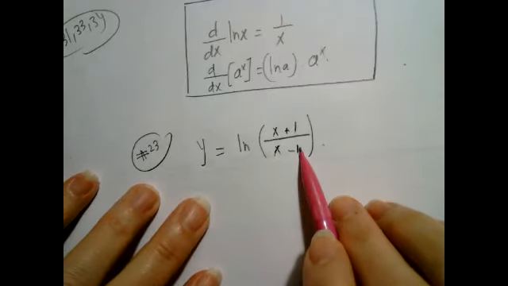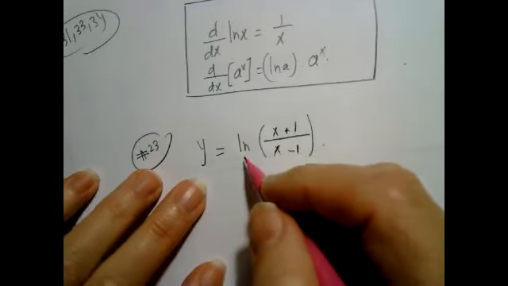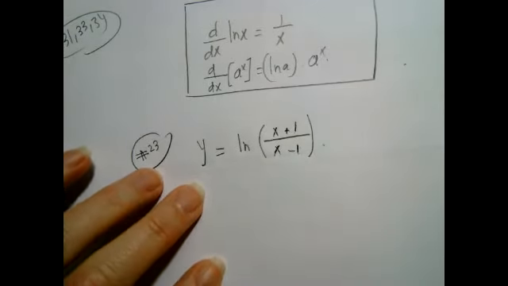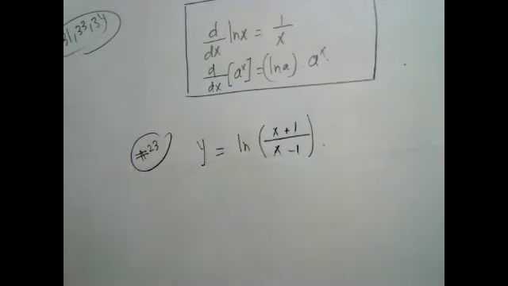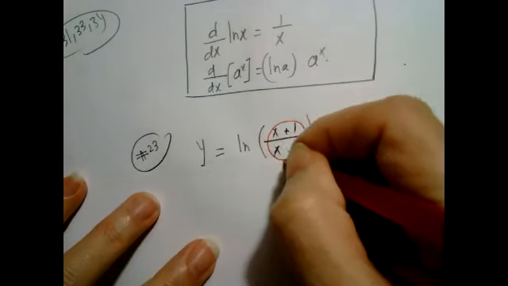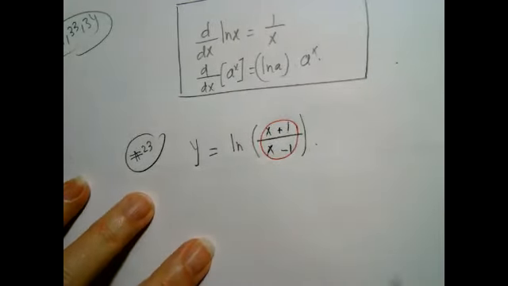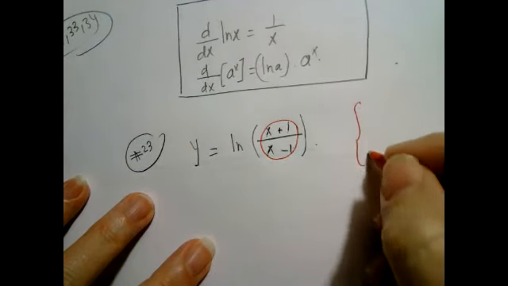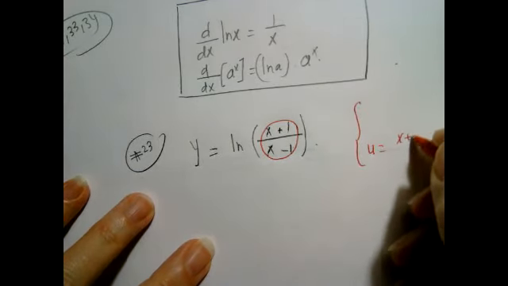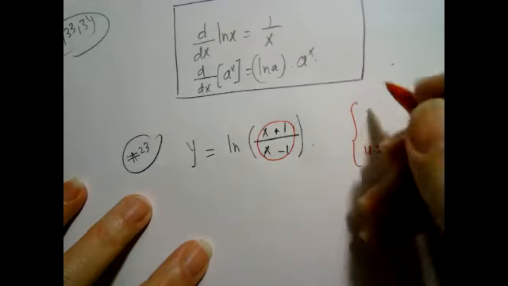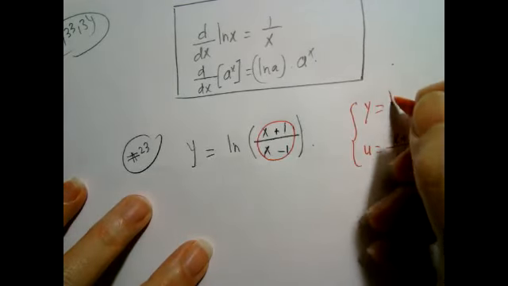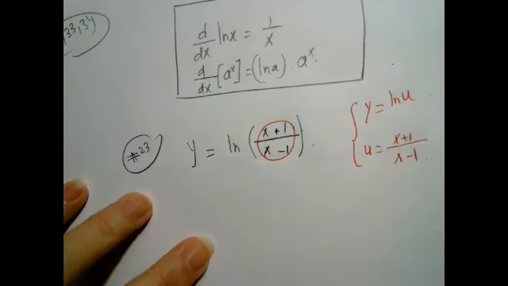The minute we see ln of something, it means we immediately have a chain rule situation. My inside function u is (x plus 1) over (x minus 1), and my outside is the ln function, ln of u.